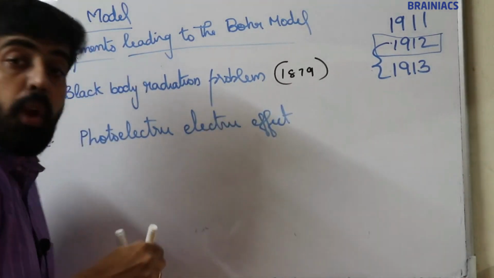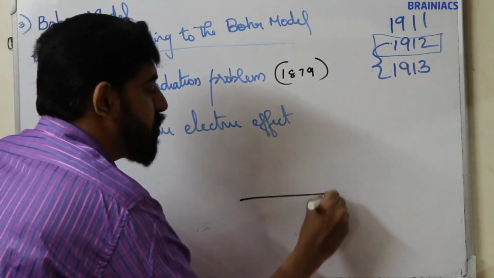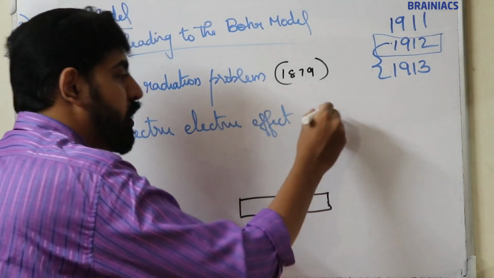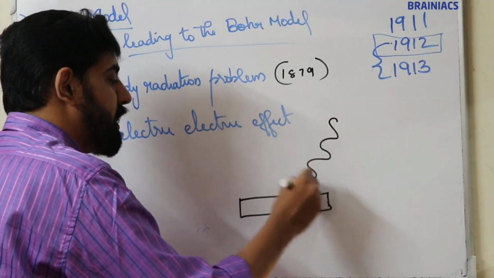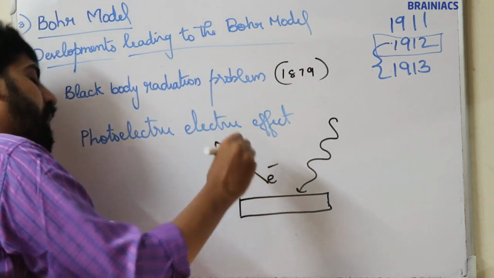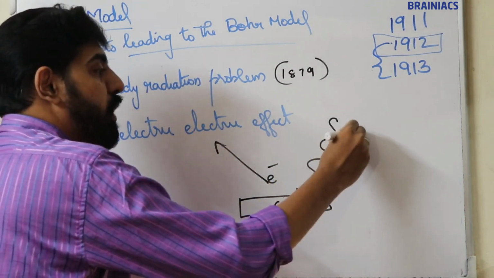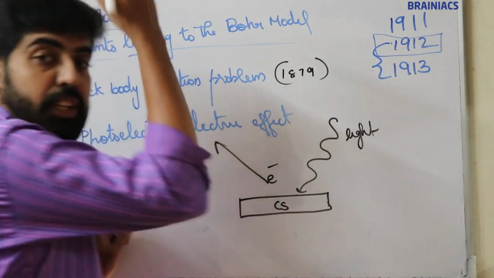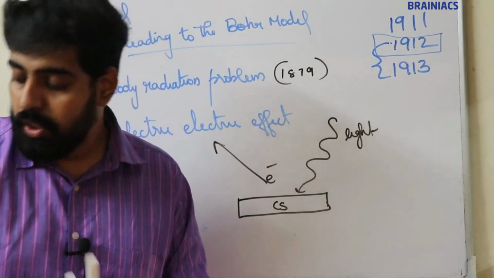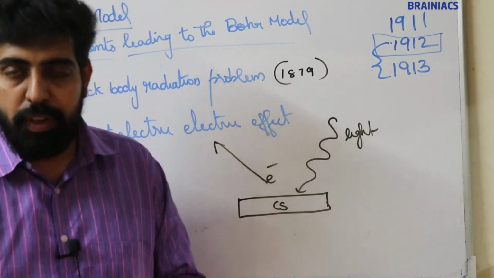Photoelectric effect means when light of suitable frequency strikes on a metal surface, electrons are ejected from the metal surface. This phenomenon is known as the photoelectric effect.